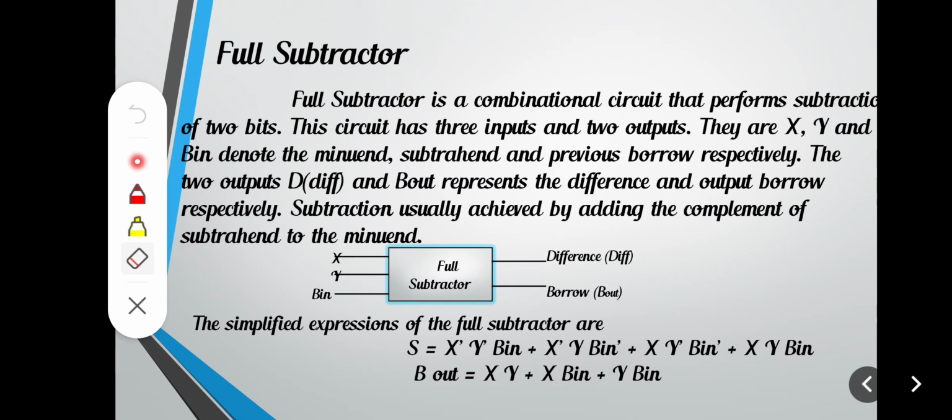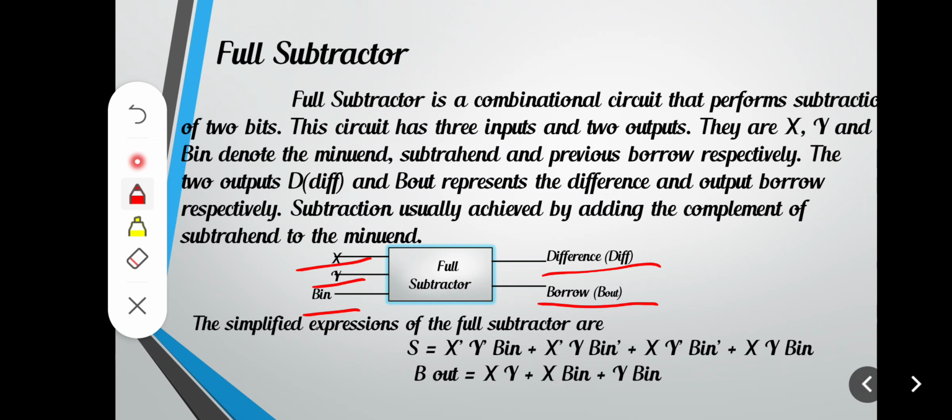The full subtractor is a combinational circuit that performs subtraction of 2 bits. The circuit has 3 inputs and 2 outputs. Then x and y denote the minuend and subtrahend, and the third input is the previous borrow respectively.